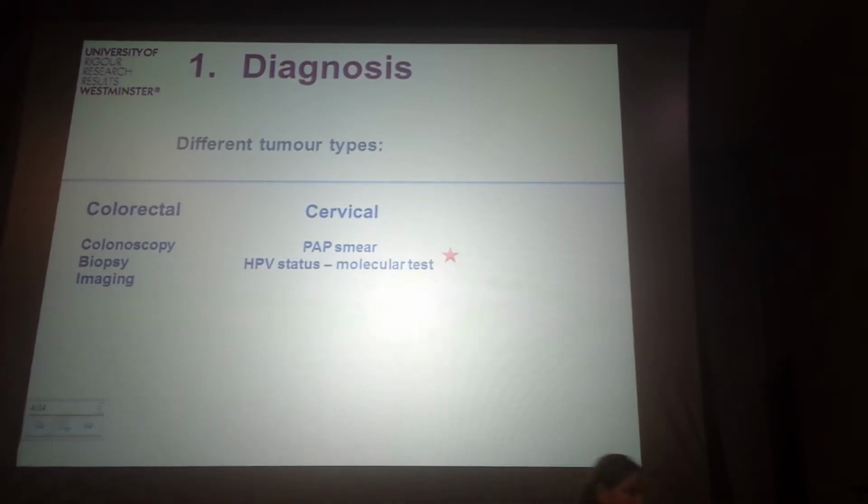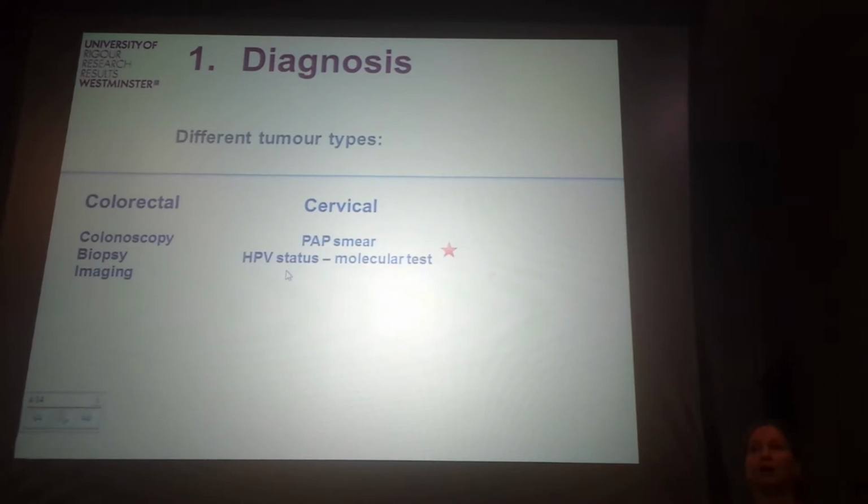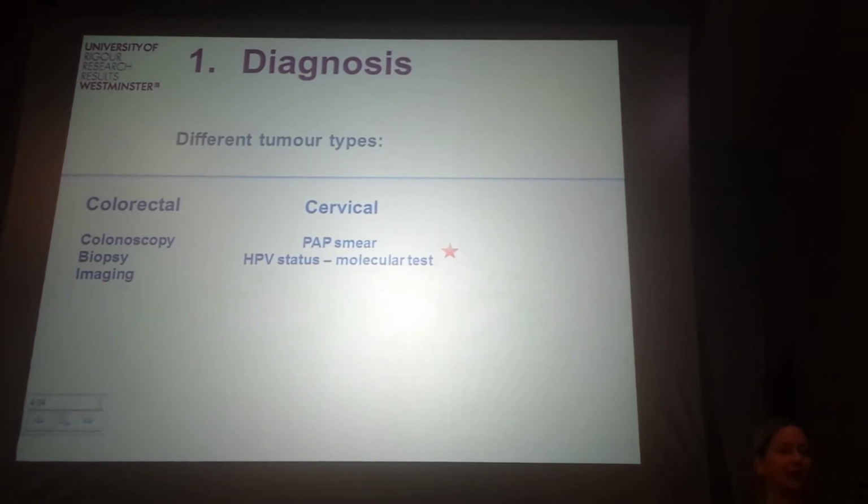In fact, there's a vaccine that's going to come out next year, which is going to have 9 different strains in the vaccine, in order to hit all the HPV that could be around in the local area where the vaccination is happening.